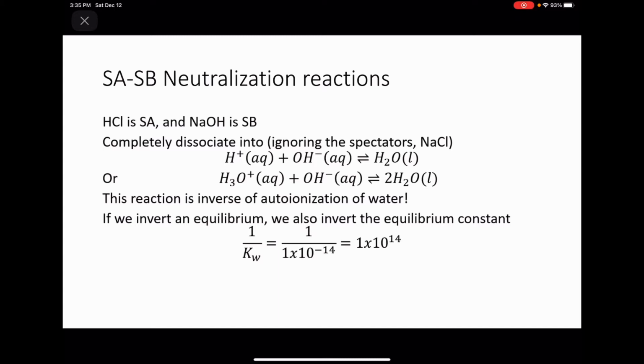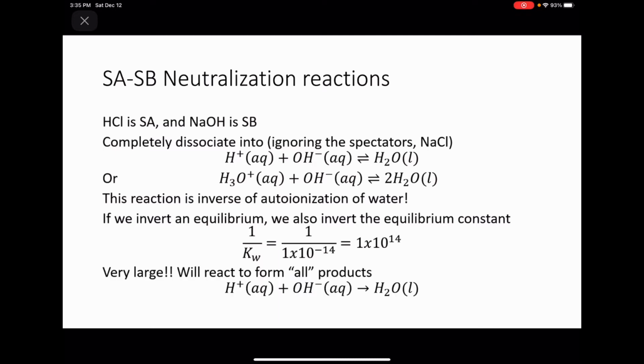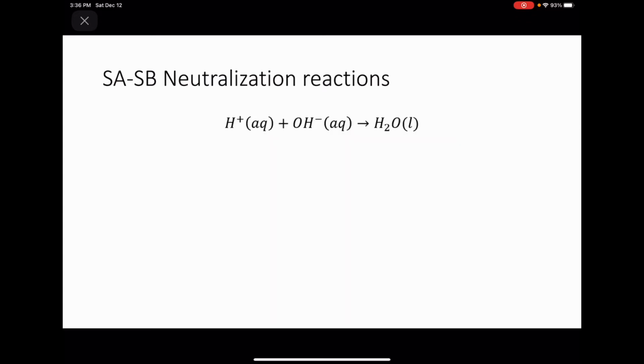So the equilibrium constant for H3O+ plus OH- is 1 over Kw, which is 1 times 10 to the 14. That's a huge number. So basically anytime you have a strong acid and strong base, they react and form all products. There will be no H+ left, and no OH- left, if there's not an excess of one or the other. So we can write that without the equilibrium arrow.